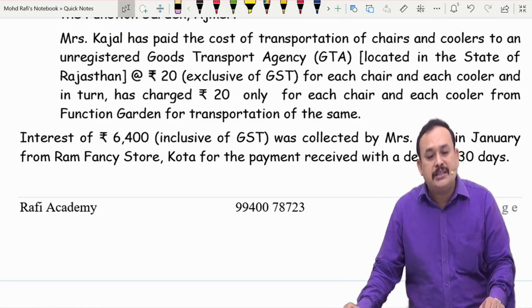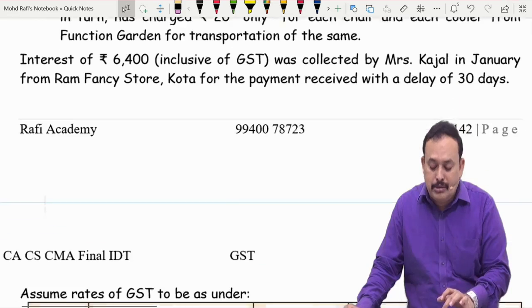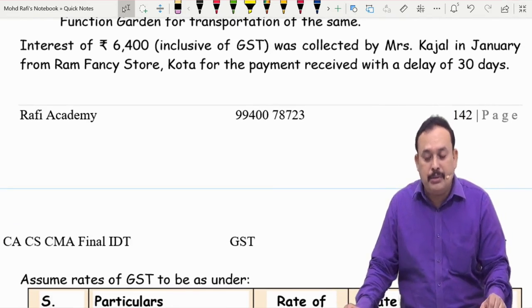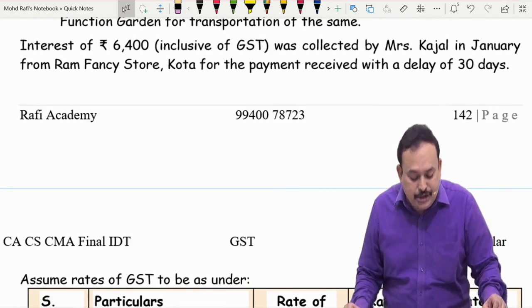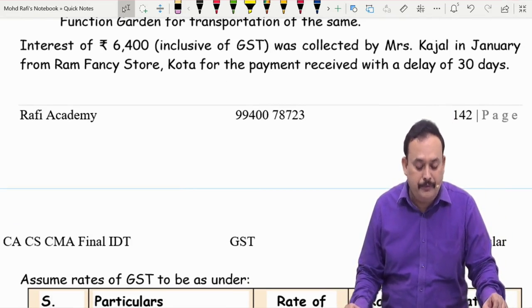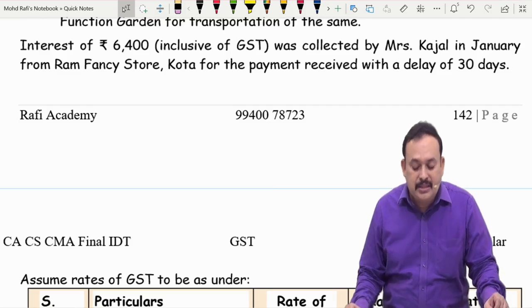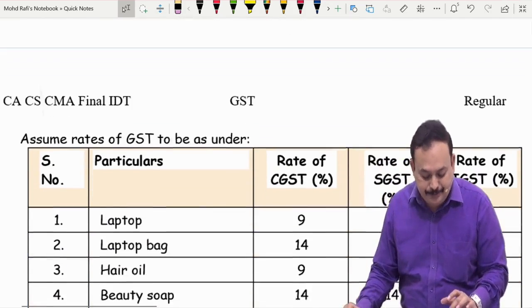Interest of 6,400 inclusive of GST was collected by Mrs. Kajal in January from Ram Fancy Store, Kota, for the payment received with a delay of 30 days.